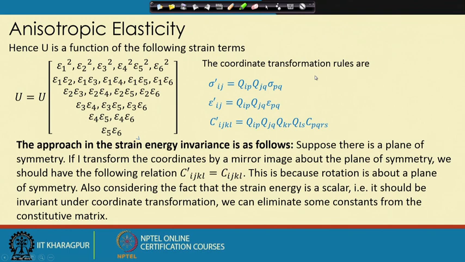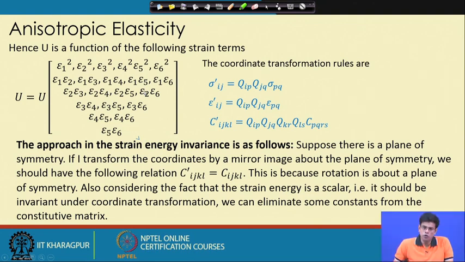Here what we are doing is using the invariance of the strain energy function. Under reflection or rotation, the strain energy function does not change. So we use this to derive the specific constitutive matrices for the different classes of material.